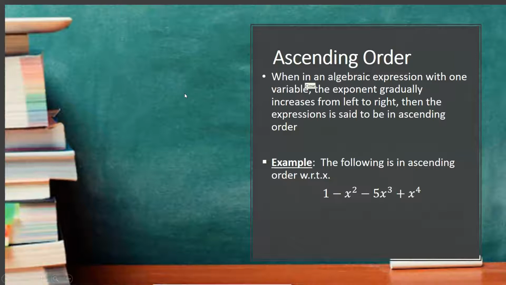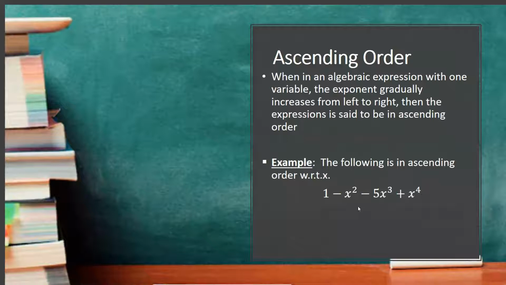Yes, exactly, small to big. When an algebraic expression has one variable, the exponent is gradually increasing from left to right. Left to right, we have to increase the exponent of the variable. Here the following example is there: 1 minus x square minus 5x cube plus x power 4.